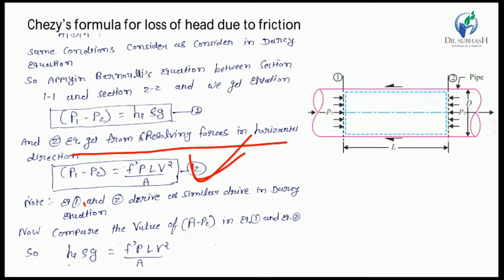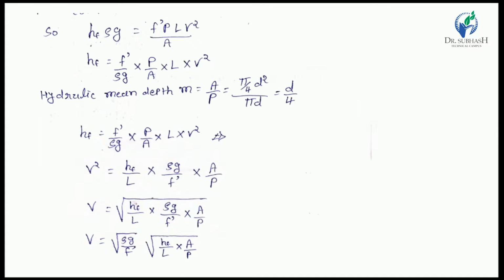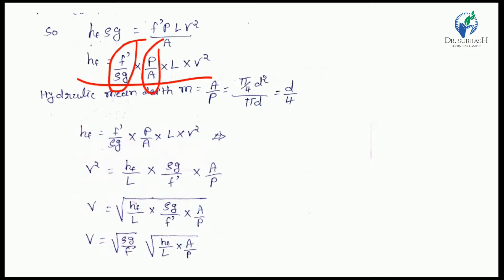Now comparing the value of pressure difference of both equations, equating the pressure difference, and write the equation in this form as mentioned in the slide: HF is equal to F dash upon rho g, P upon A, into L into V square.